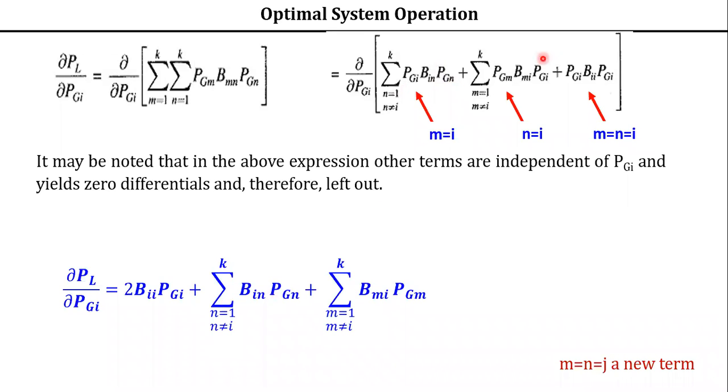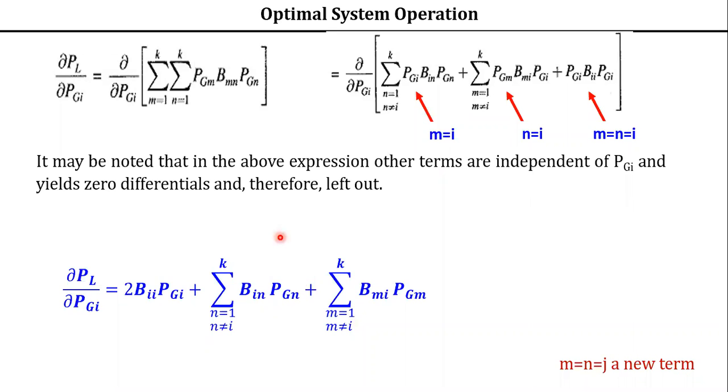Then for this term with respect to PGI, this becomes 1, so PGM, BMI, with the limits as they are. The partial derivative becomes easy when you split the terms and neglect the terms which are not dependent on PGI, because their derivatives will be 0. This is how we get the partial derivative.